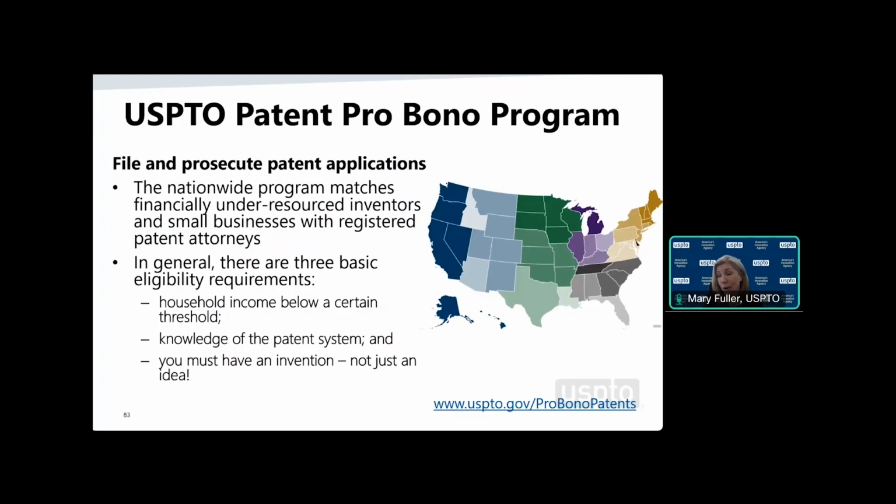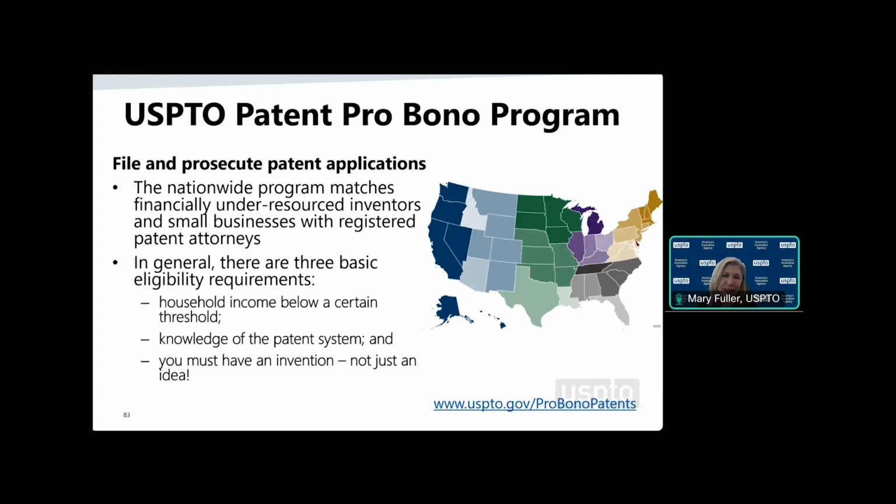So we've coordinated with these organizations to make sure that if you are matched or qualify, you're able to get free services in every state in the United States. I sit in California.